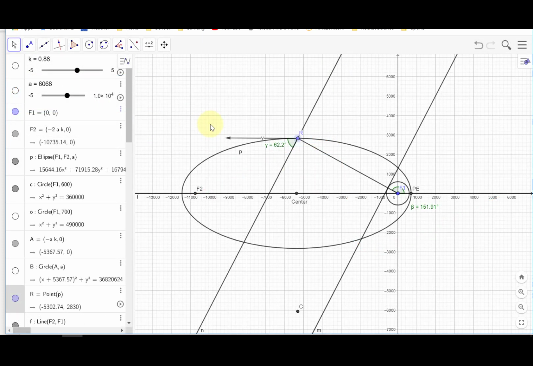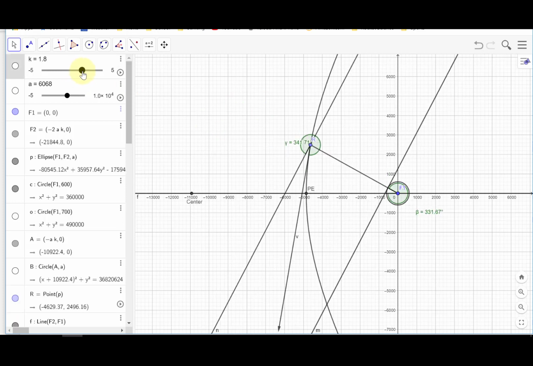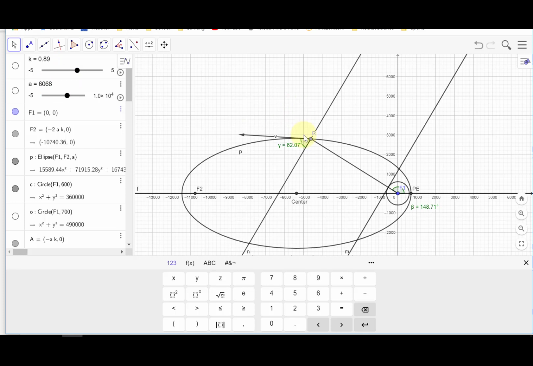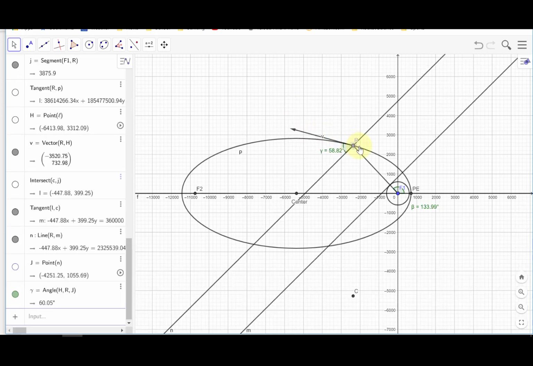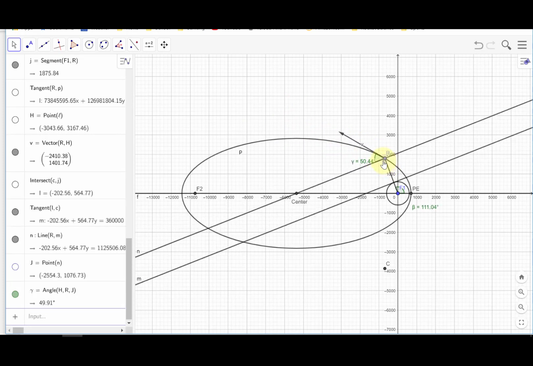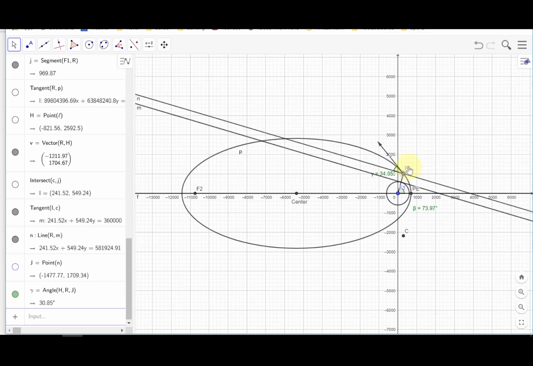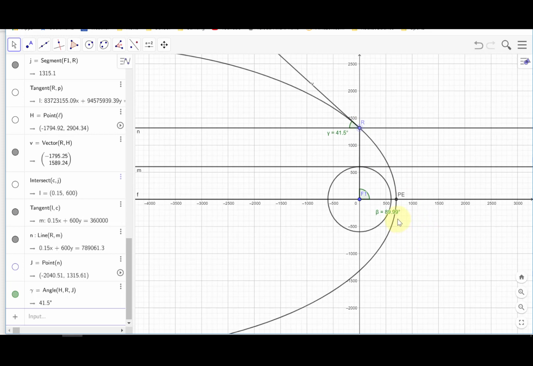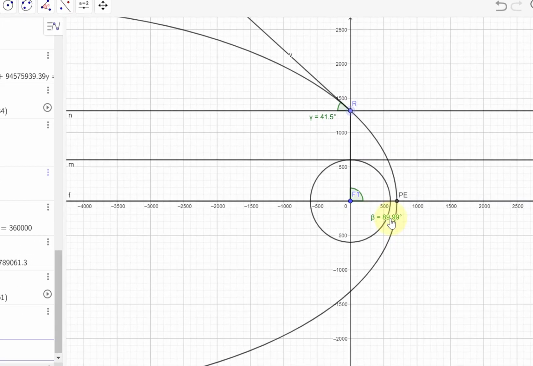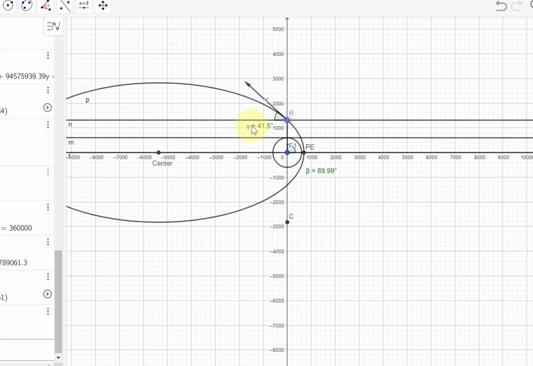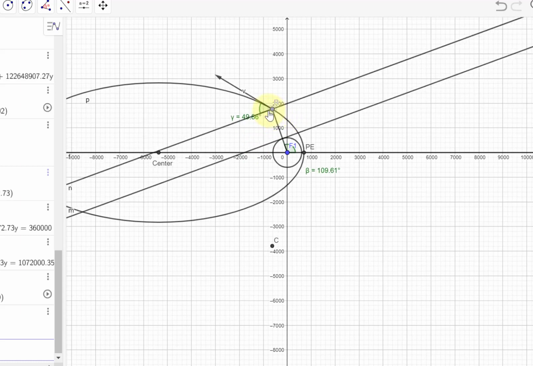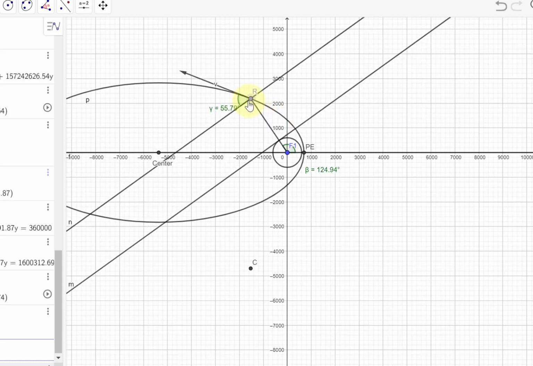I have that here in this graph. I can change the eccentricity, and I can change the semi-major axis, and I can move this point where the rocket is all along, and I can see now that when that angle of true anomaly is about 90 degrees, that flight path angle is about 41.5 as expected, and then as we're traveling along this path, that angle, that flight path angle increases.